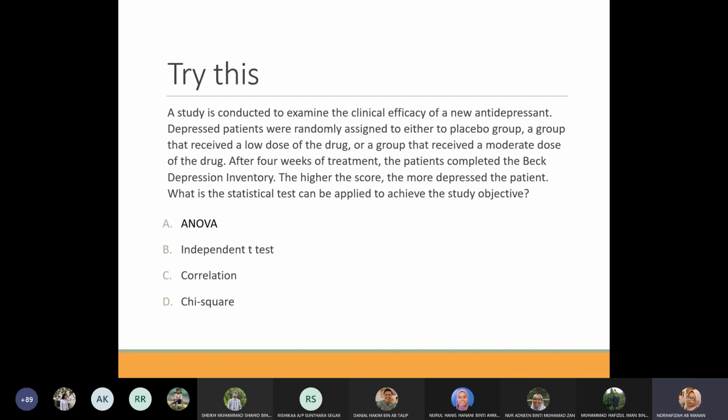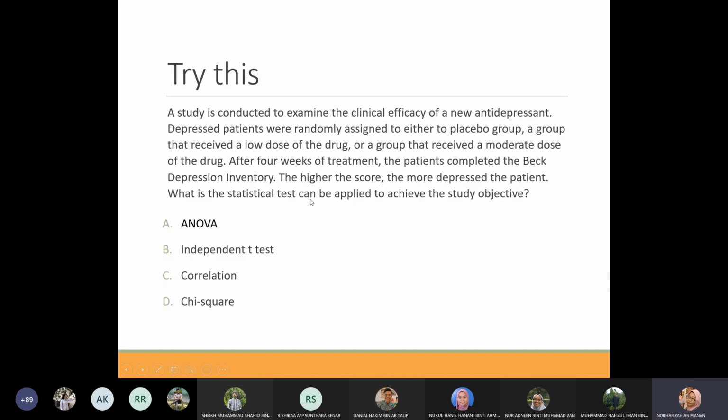Okay, can you please try this? A study is conducted to examine the clinical efficacy of a new antidepressant. Depressed patients were randomly assigned to either a placebo group, a group that received a low dose of the drug, or a group that received a moderate dose of the drug. After 4 weeks of treatment, the patients completed the BDI score. The higher the score, the more depressed the patient.